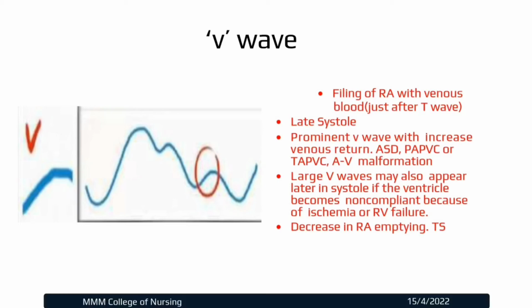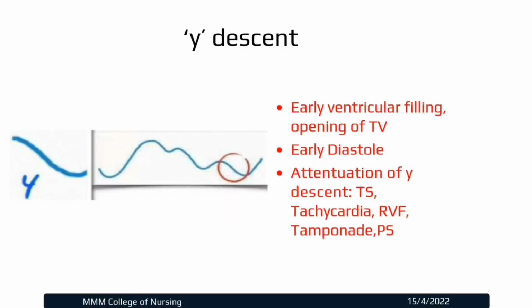Large V waves may also appear later in systole if the ventricle becomes non-compliant because of ischemia or right ventricular failure, decreasing right atrial emptying. Coming to the Y descent, which means early ventricular filling in early diastole, attenuation of the Y descent occurs in tachycardia, impaired right ventricular filling and tamponade.